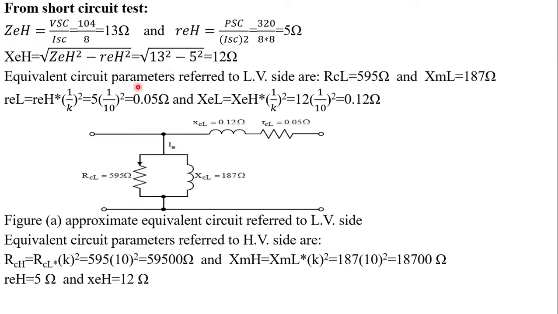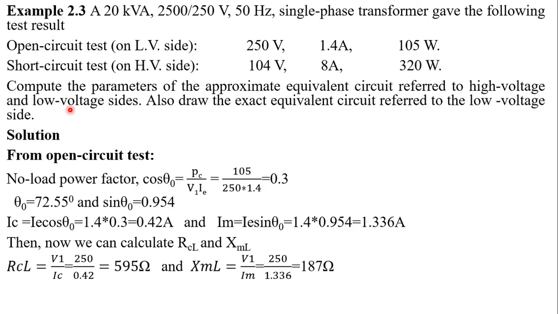Then for the equivalent circuit referred to the high voltage side, the core loss resistance remains the same, since the equivalent circuit shunt parameters are at the low voltage side, and they would not be changed. While we translate the high voltage side values into low voltage side values, the resistance at the low voltage side is equal to the resistance at the high voltage side times 1 over k squared, where k is the voltage transformation ratio, which is calculated here.